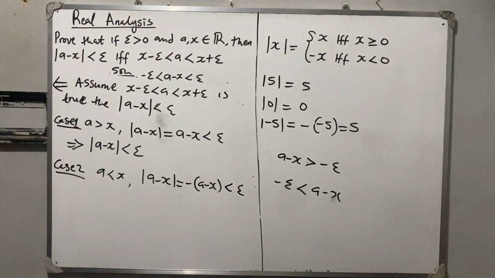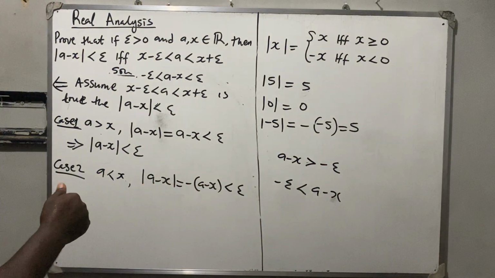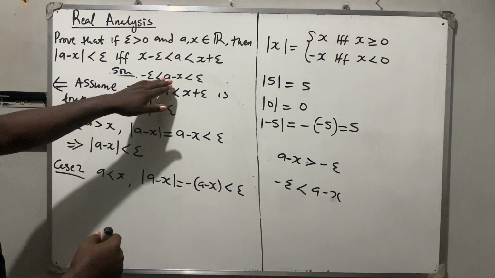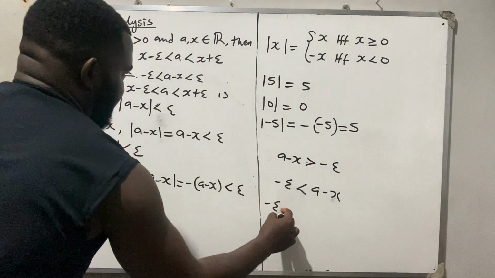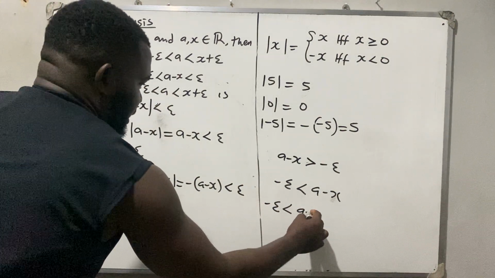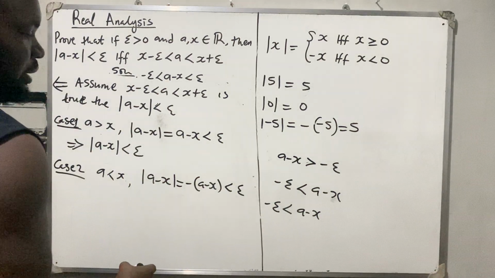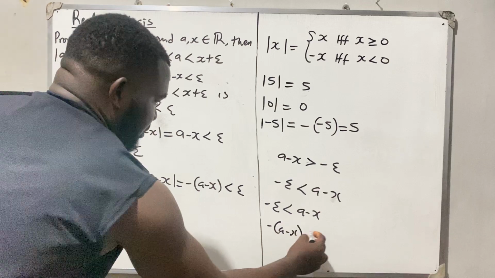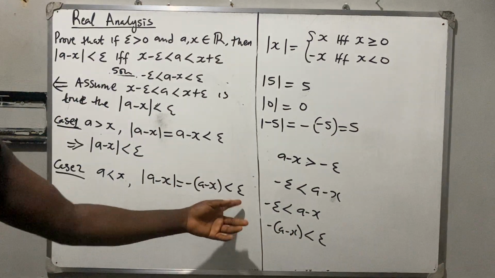Let me tell you why it's going to be less than epsilon. Look at these two: negative epsilon is less than a minus x. If I multiply both sides by negative, I'm going to have that the negative of a minus x must be less than what? Epsilon. So that is how I knew that this is going to be less than epsilon.